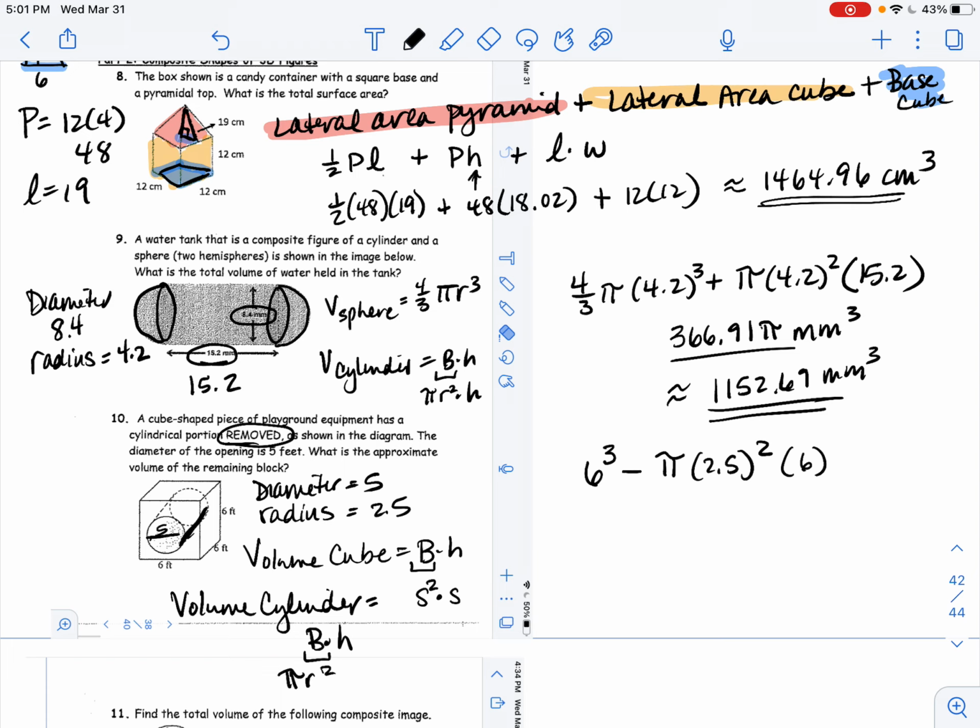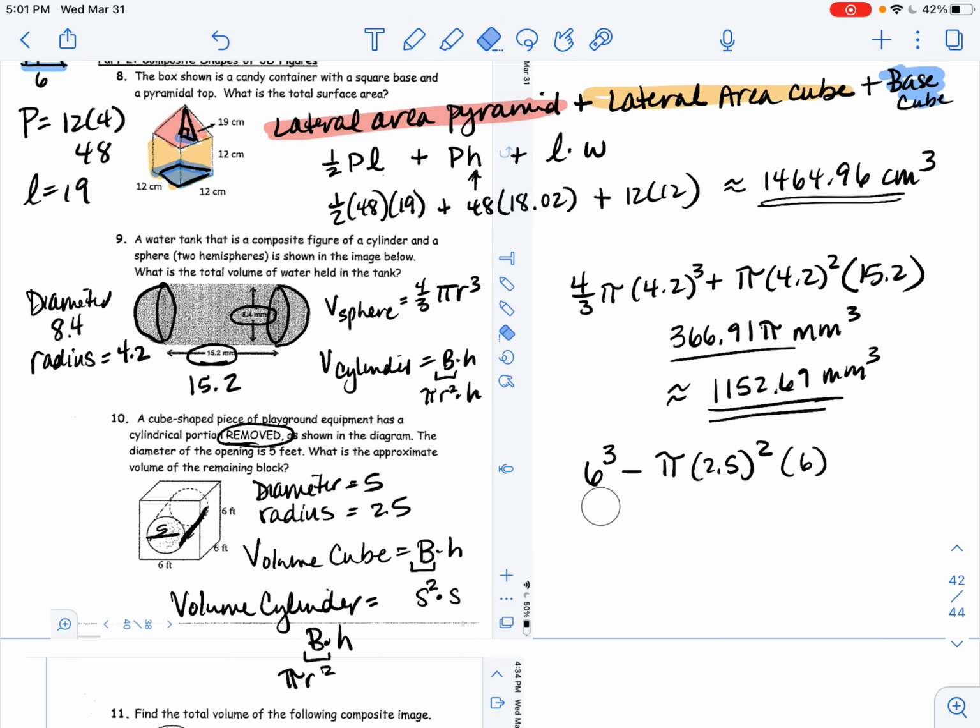Okay, so let's go ahead and work this out. 6 cubed, and then minus 2.5. Hold on. I think I just did that wrong.